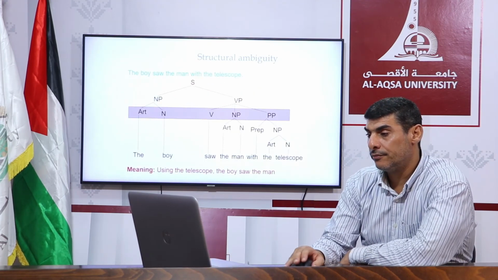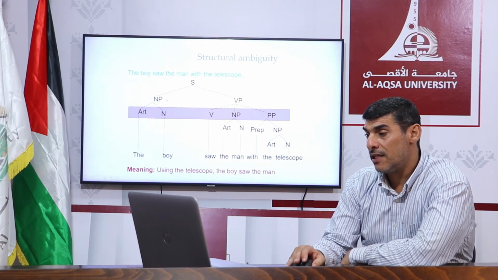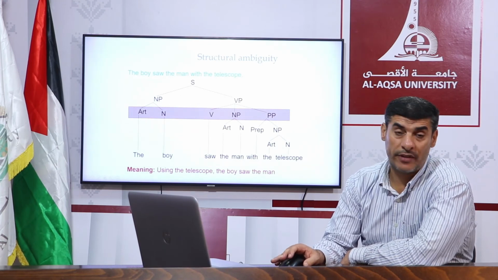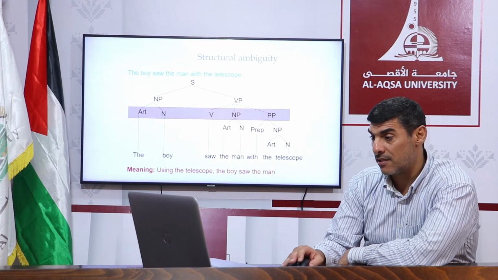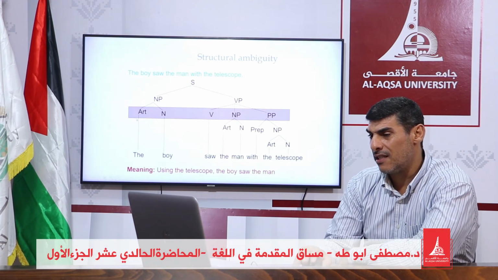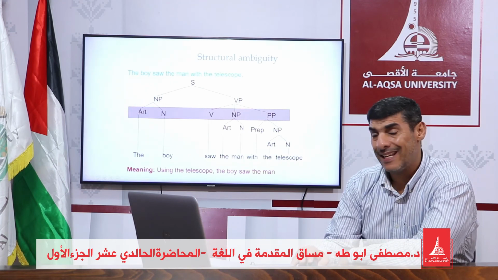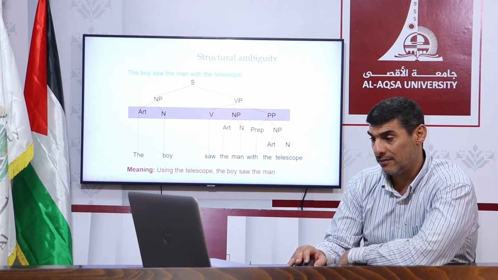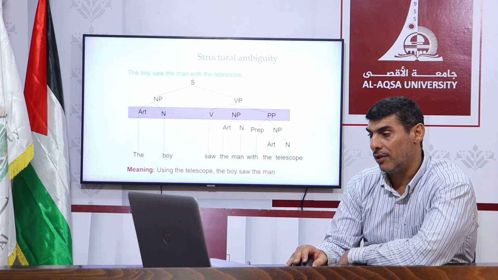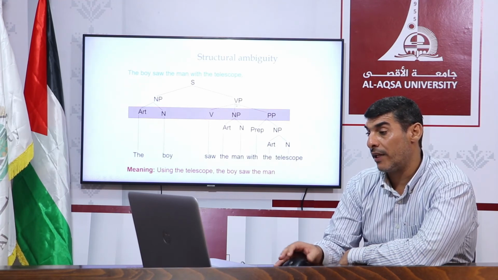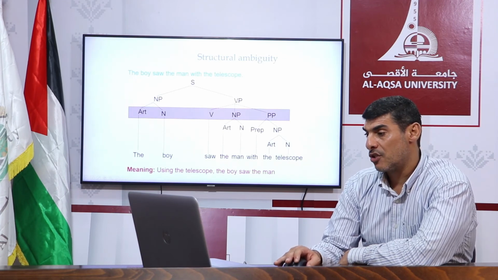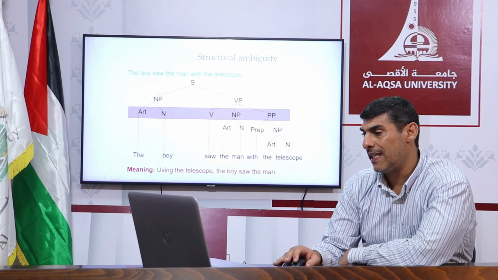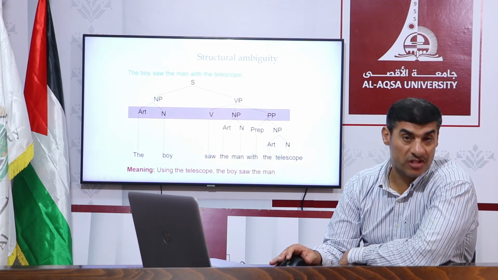As you see here, we have sentence, noun phrase, and verb phrase, and this is an underlying part of the sentence. In the noun phrase, we have the article, that is the terminal, the, and then we have the noun, so the boy. Then the verb phrase, because we have the verb, so that is a transitive verb. Once again, we have noun phrase, and we have PP, prepositional phrase.